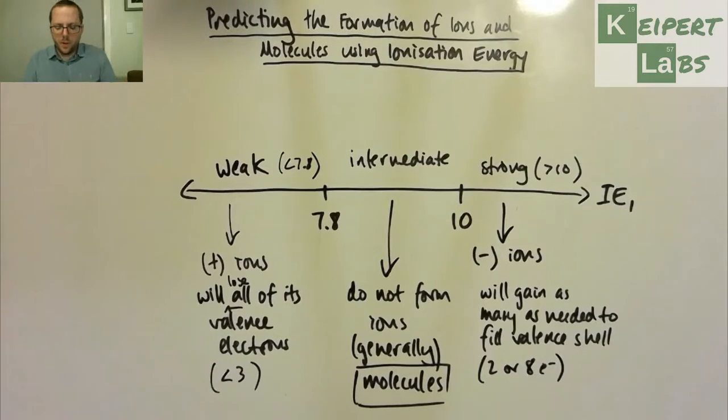It would be 2 if we're thinking about something really small, only filling up that first shell, so hydrogen, and then gaining up to 8 valence electrons for just about everything else. That fleshes out those rules a little bit further for you.